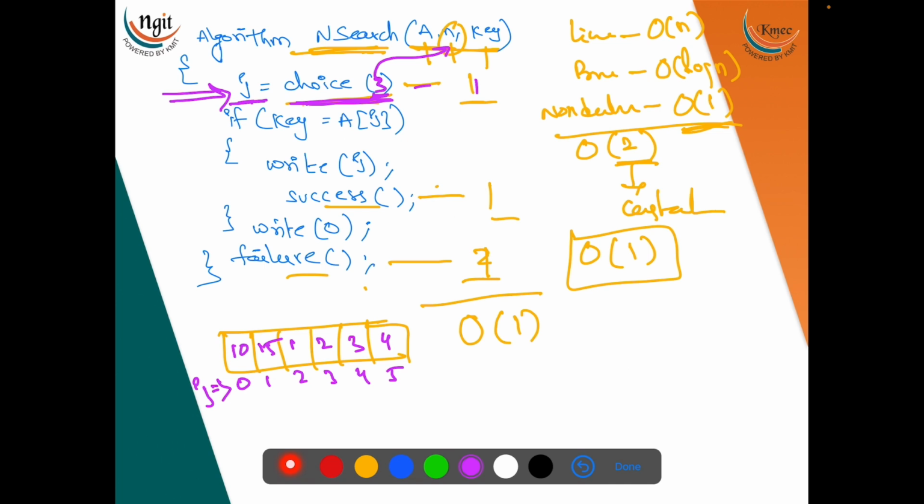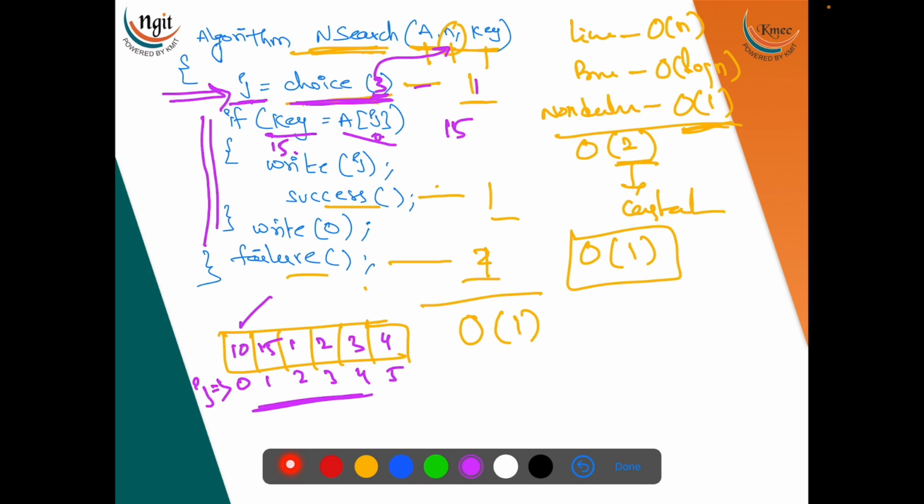Now the thing is, we have to understand that all these are determined steps. I know what they perform. Let's suppose the key value is 15. Now key is 15, and a of j has indexes from 0 onward. Is a of j equal to key? For j equal to 0, a of 0 is 10, and 15 is not equal to 10, so the match is not found.